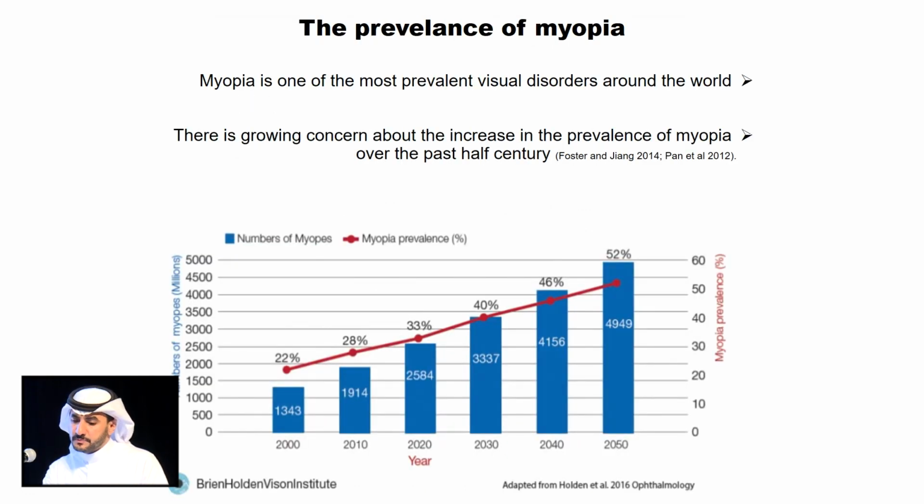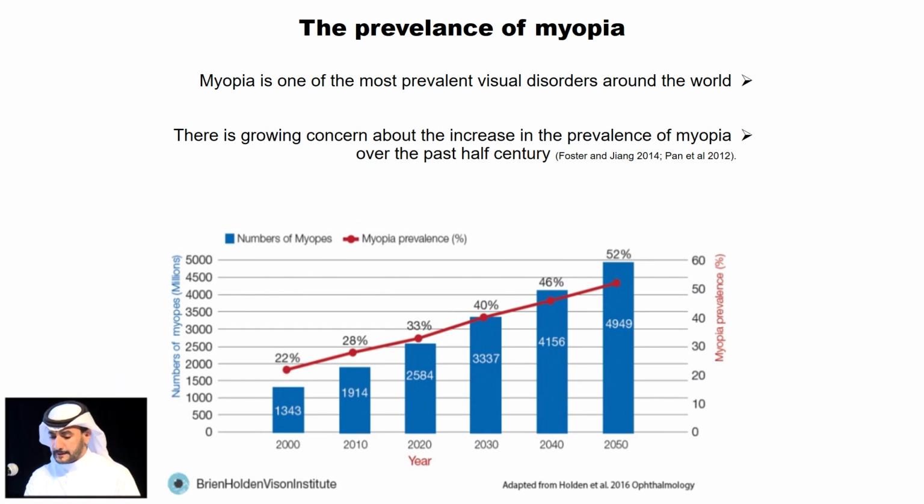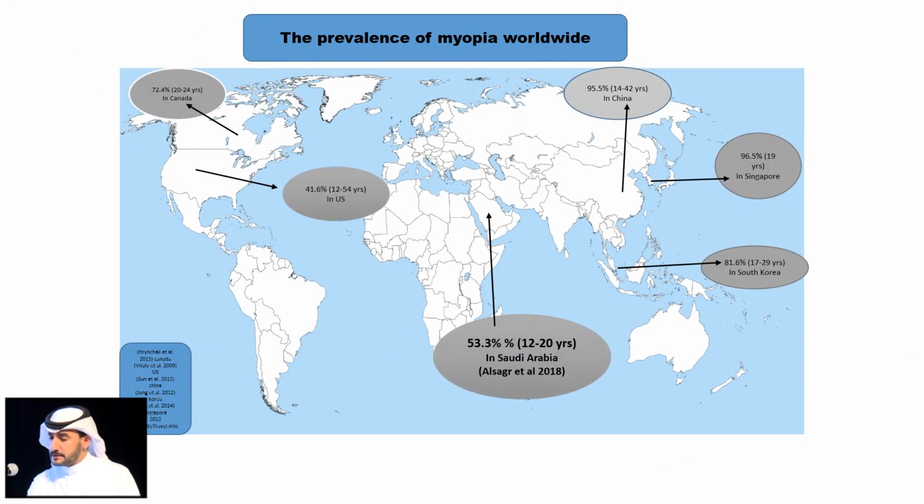Myopia is one of the most prevalent eye disorders around the world. According to Brien Holden Institute, they projected that in 2050, around 52% of the world population will be myopic. And here are some of the stats.